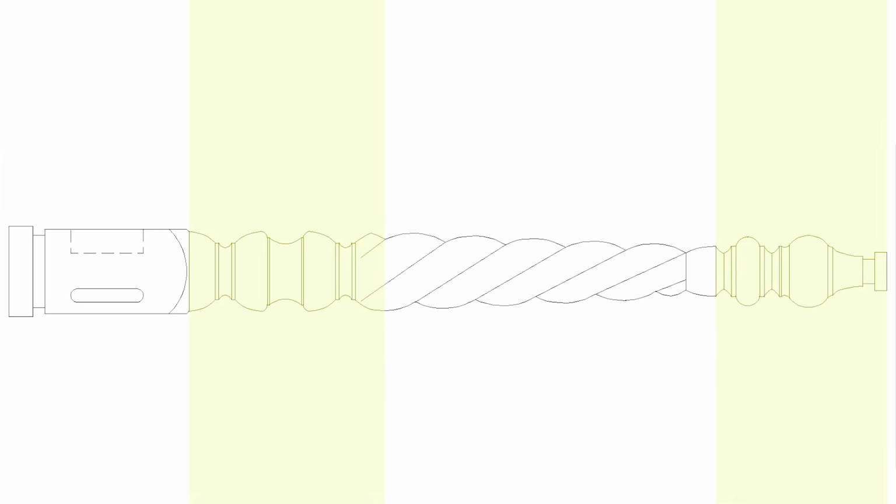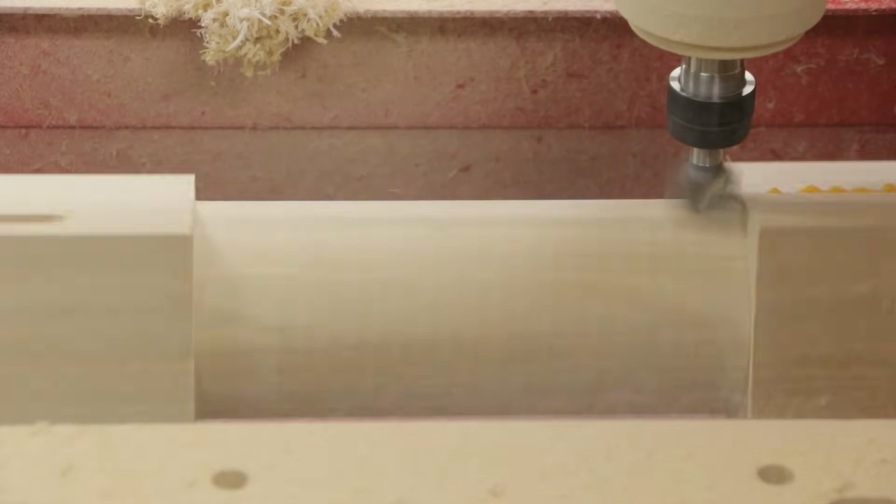Let's start with turning. These toolpaths are created in these sections. These toolpaths continually rotate the spindle while cutting and are the most common in traditional spindle designs.